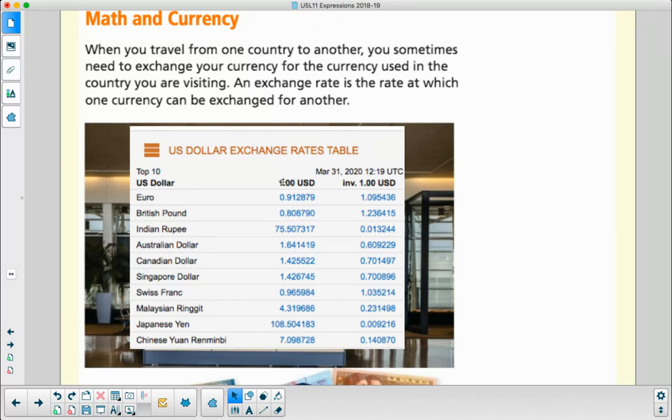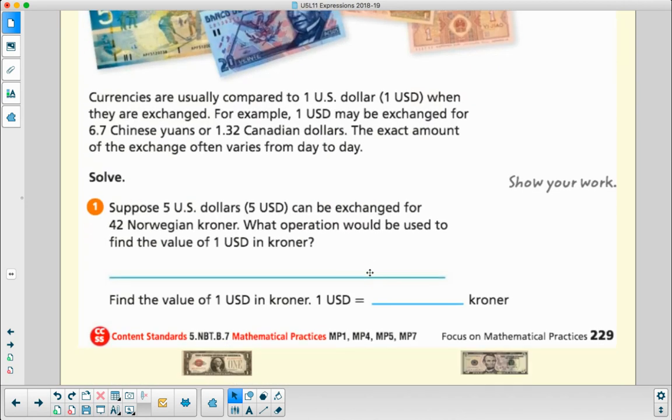Notice that 1 US dollar gives us less than 1 euro. It gives us less than 1 British pound, but more than 1 Indian rupee. Look at a yen. A US dollar gives us over 108 Japanese yen right now today.